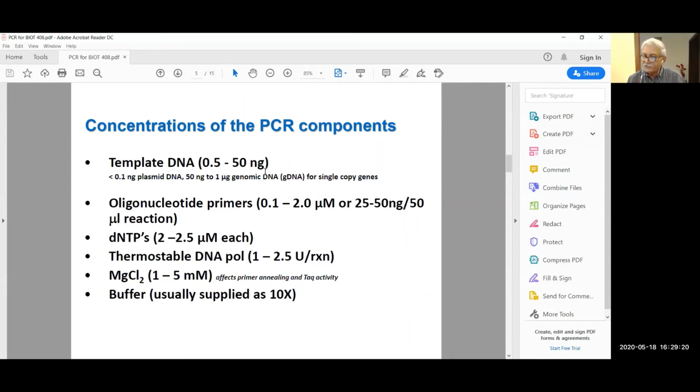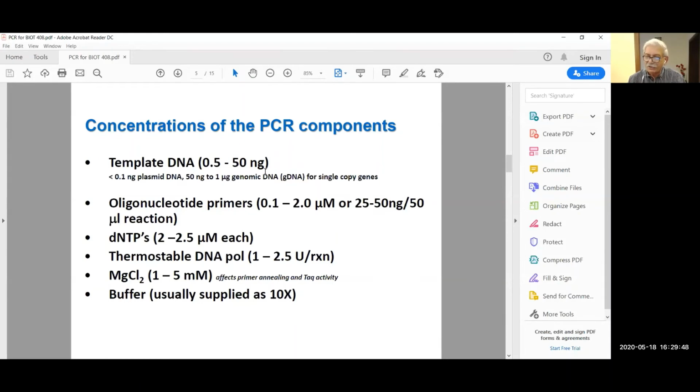The rule of thumb is that you isolate a plasmid, run it on the gel, take 1 microliter of your purified plasmid, run it on the gel, and if you see very clear bands of the plasmid, make a 1 to 20 or 1 to 50 dilution of that. And from there, use 1 microliter in the PCR reaction.